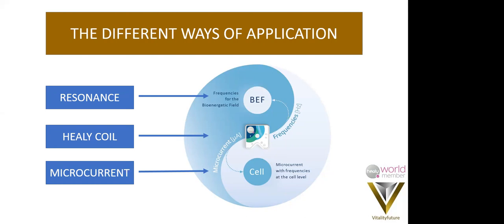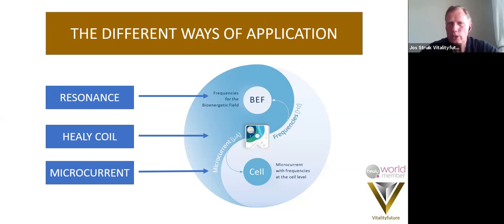That's why we wear it close to our body, and it can influence the energy field that is in our body, can influence the cells connected with those energy fields. And you can see it as a way of using your Healy in a different way.